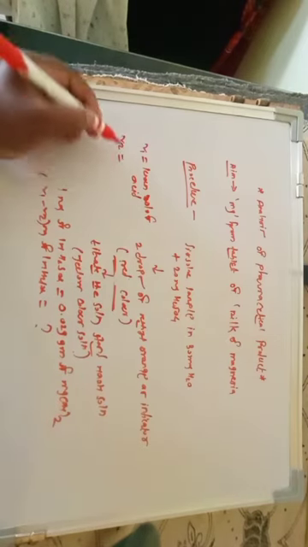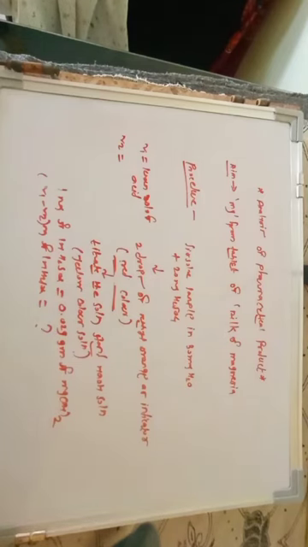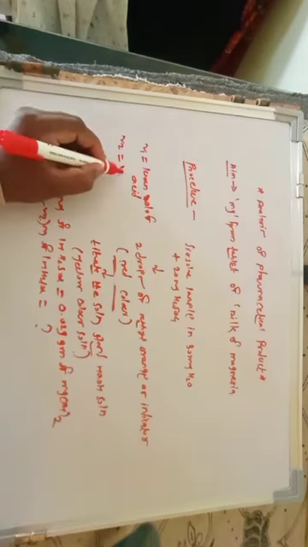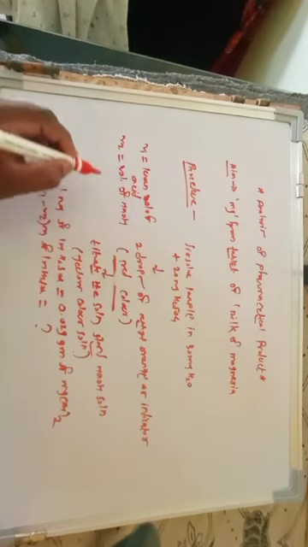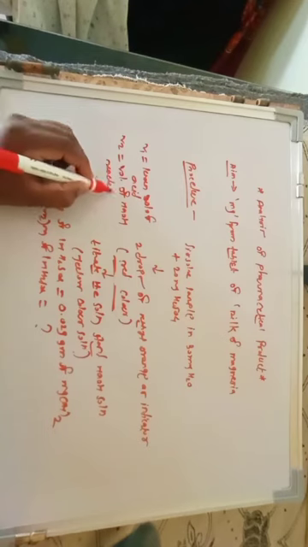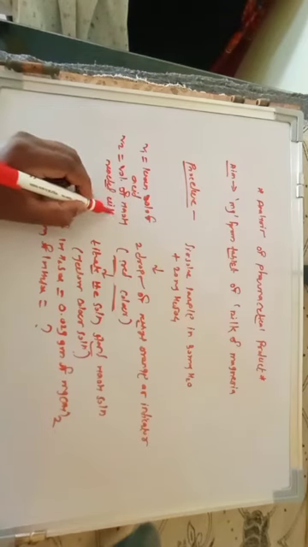And what is your V2? V2 is the volume of NaOH reacted with excess acid.